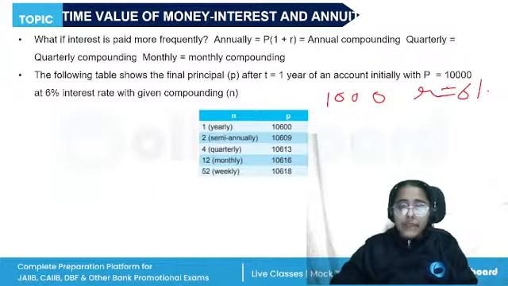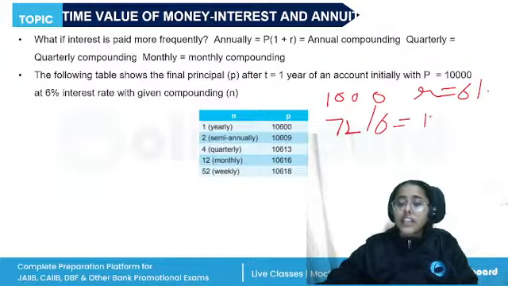Now, if we are following the rule of 72, we divide 72 by 6, which gives us 12. So 12 is the number of years it would take for your debt to double to 2,000 rupees. Right? This is how it is done.